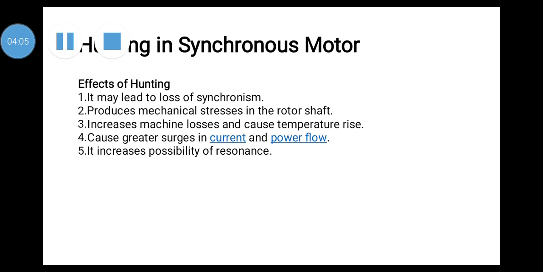It increases the machine losses and the temperature. The oscillation causes surges in the current as well as the power flow, not only in the machine but also in the equipment connected along with it. It increases the possibility of resonance, so the machine goes out of synchronism.